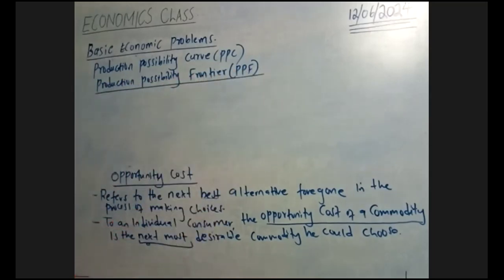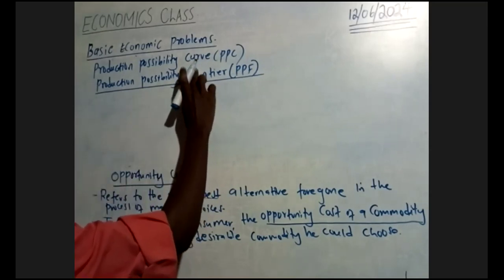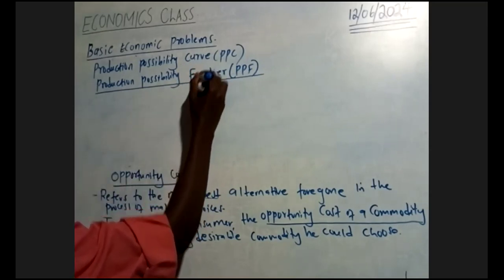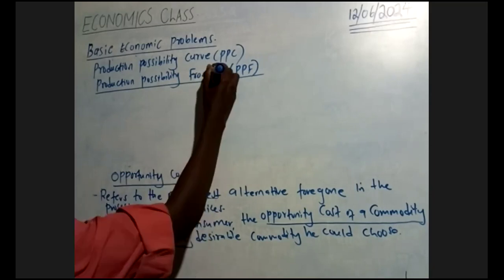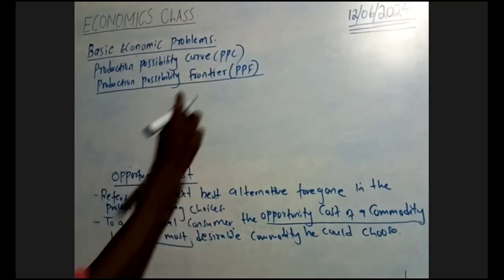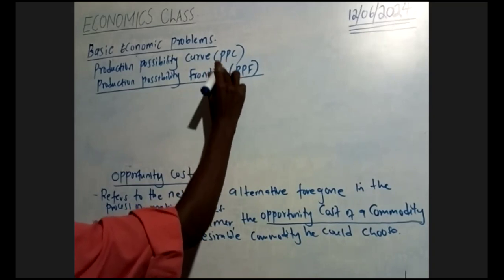Those are the two concepts, and they are the same: production possibility curve or production possibility frontier.